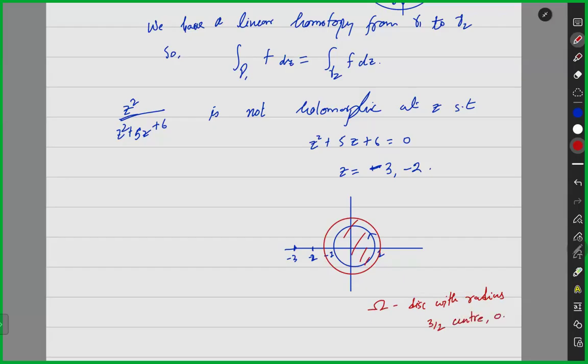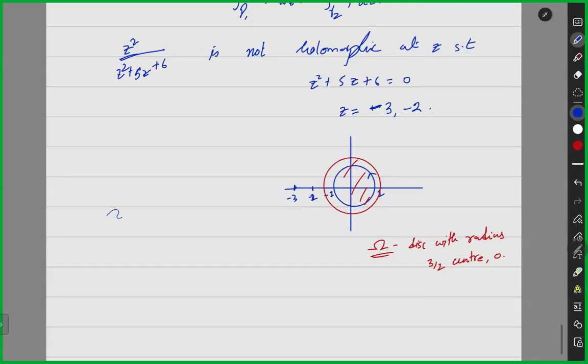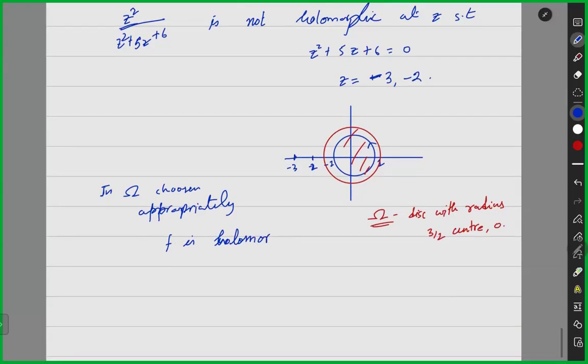So in omega, chosen appropriately, f is holomorphic, and we have chosen that this is convex also, simply connected also.